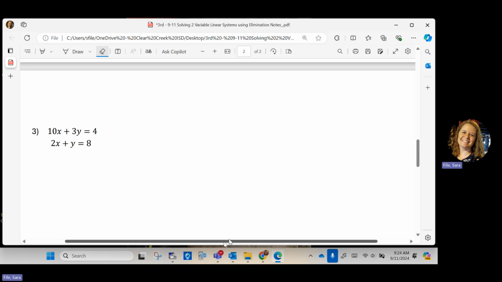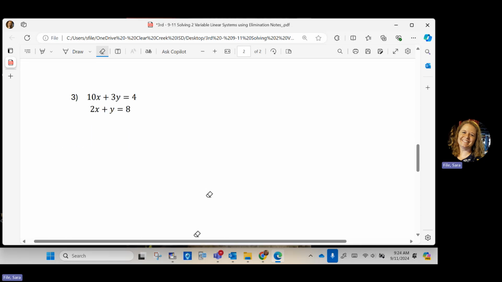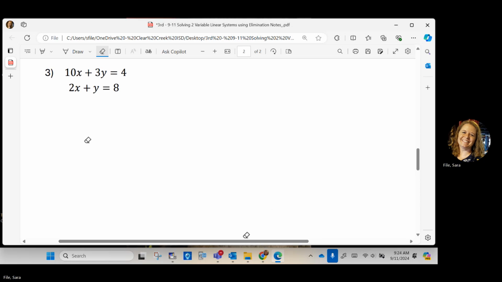All right, so if we flip over to the back, what is different about this one than those others? It is lined up. I know what you mean though. The X's are lined up, the Y's are lined up, the constants are lined up, but neither of the variables have the same coefficient. So it's not ready to just distribute a negative and eliminate.